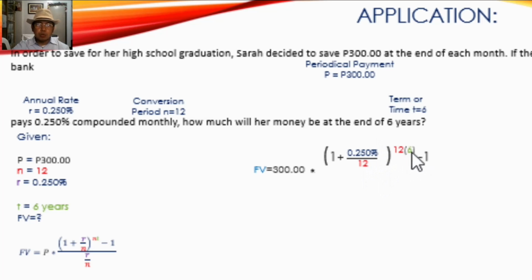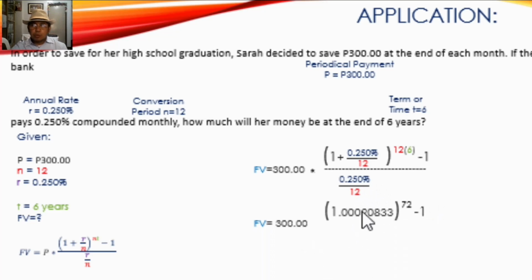As you will notice, this is already in years, so we do not need to convert it because the 6 is already in years. Minus 1. Of course, divided by this quotient, 0.25% divided by 12.